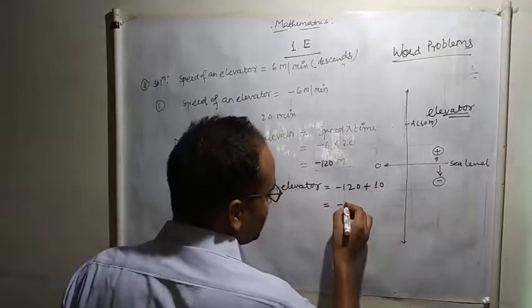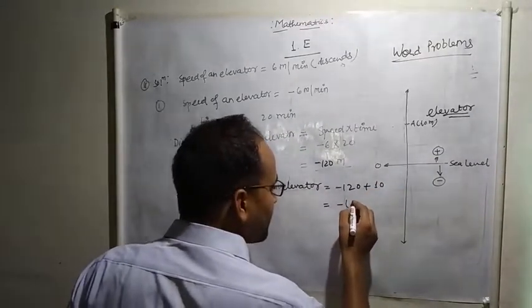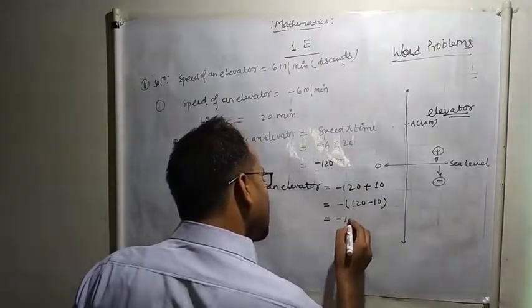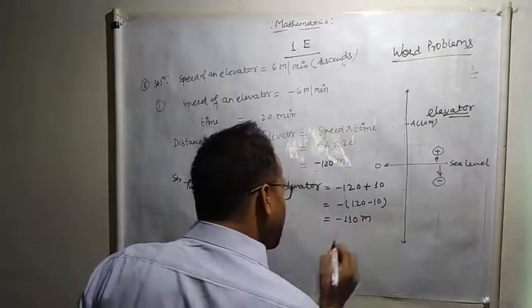So minus 120 and minus 10, to subtract this one, you get minus 110 meters.